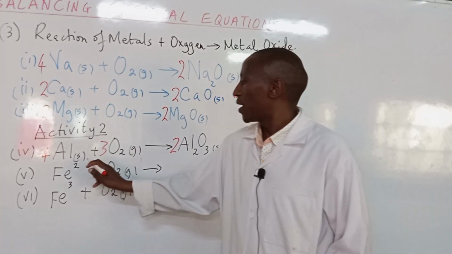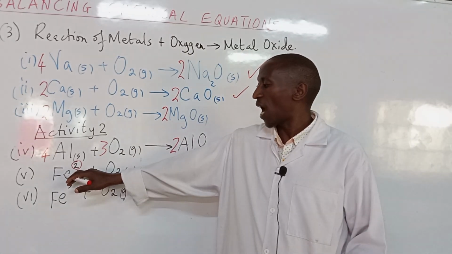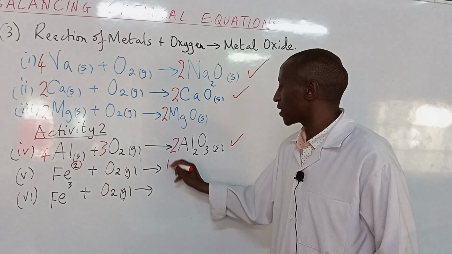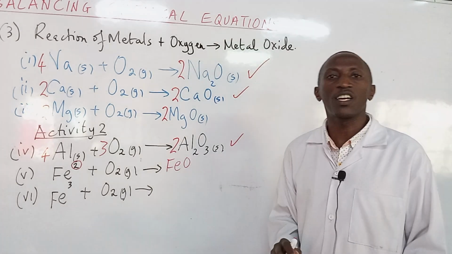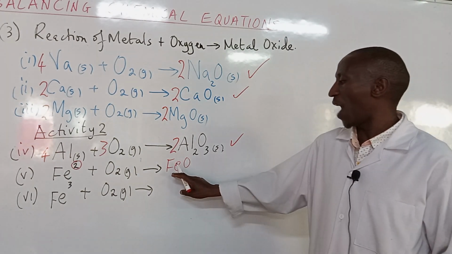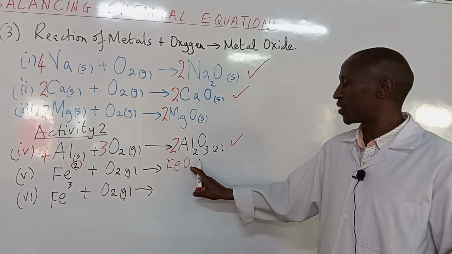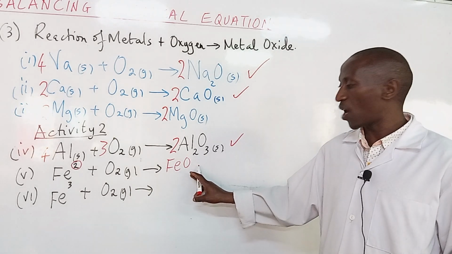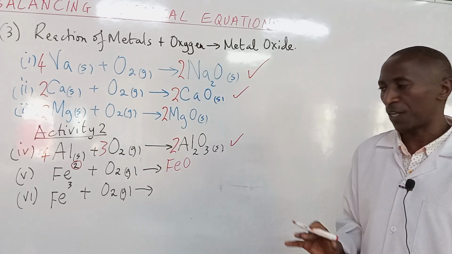Let's look at this one. The fact that we are strictly told the iron is iron 2 means that we shall have to create the formula for iron 2 oxide that way. The 2 comes here, and we cancel out the common denominators. So iron 2 oxide goes by that formula.